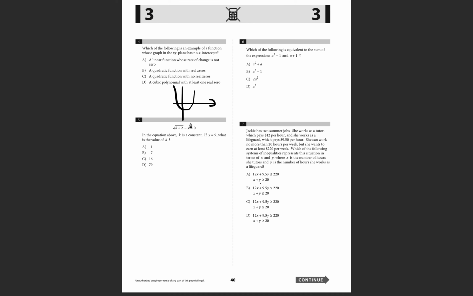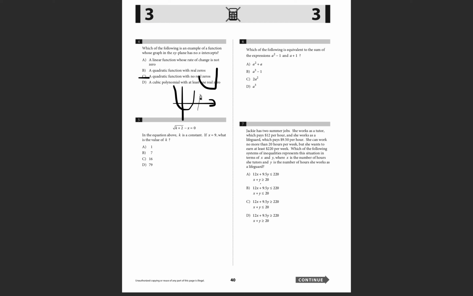And the second one, it has real zeros, meaning it has x-intercepts. And the third one, no real zeros, meaning it doesn't cross the x-axis. So it may be something like this, which is the correct answer. And number 4, at least one real zero, so it will also cross the x-axis.